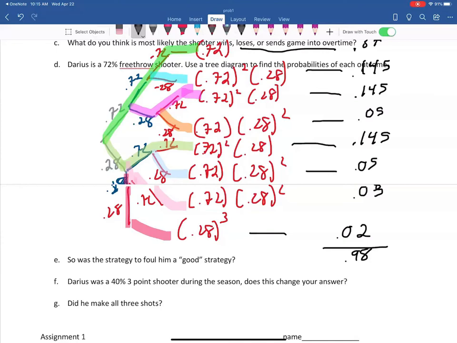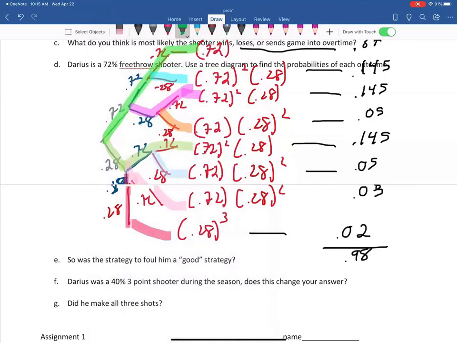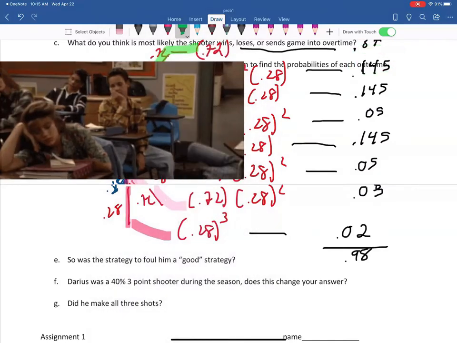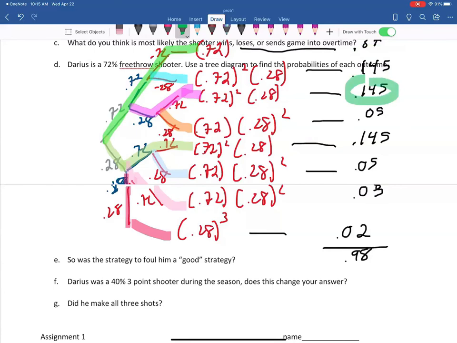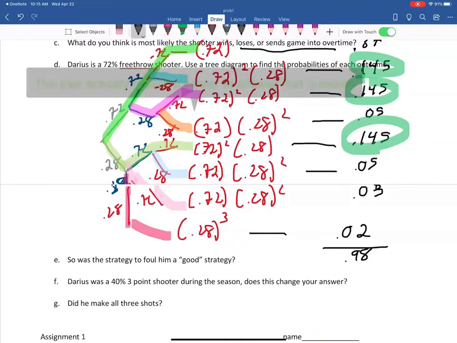Well, let's look at that. So let's go into here. I want 2 out of the 3, so I'm going to go with this one here. 2 out of 3, so that'd be this one, this one, that one, and 2 out of 3 here. So if I want to find that probability, I'm just going to add those 3 things up, because it doesn't matter the order that he gets the 2 out of 3.